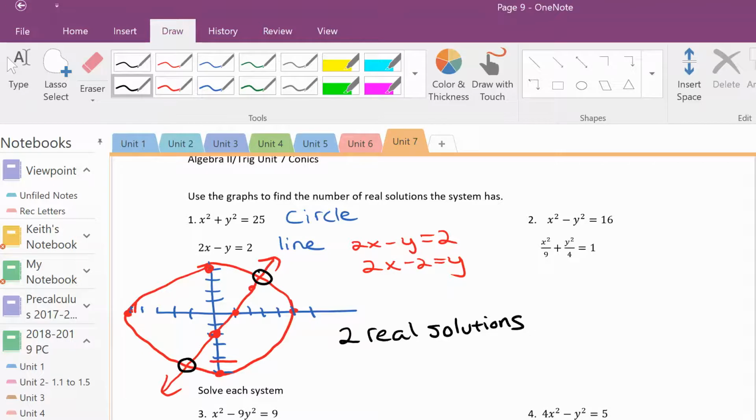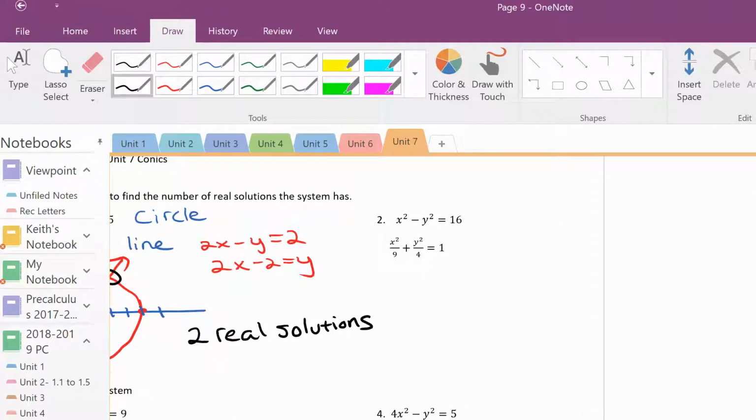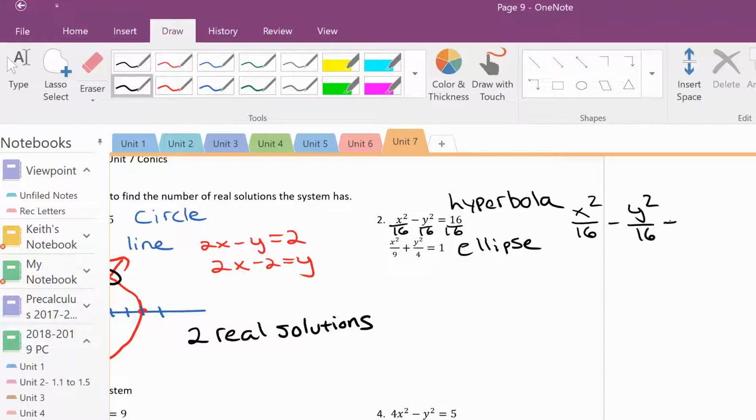If you look at the next one, this is a hyperbola, and this is an ellipse. So hyperbola, notice, remember it should equal 1, so you divide by 16, but since it's minus, that's how you know it's a hyperbola. So it's x squared over 16 minus y squared over 16 equals 1.